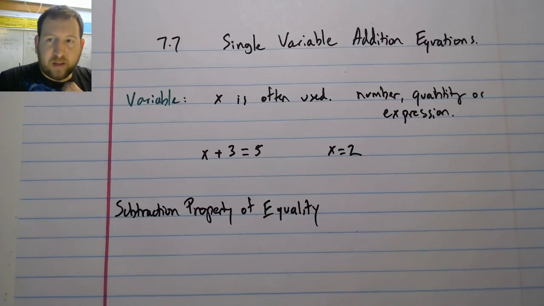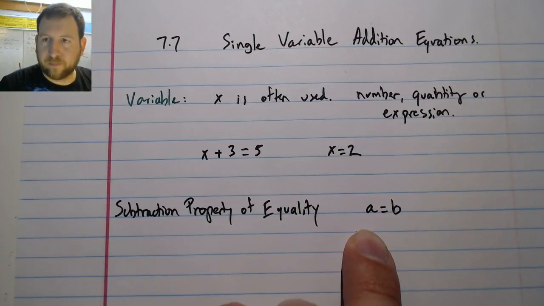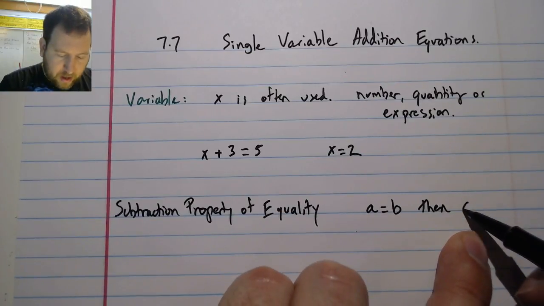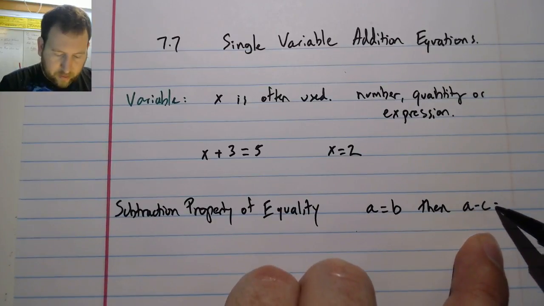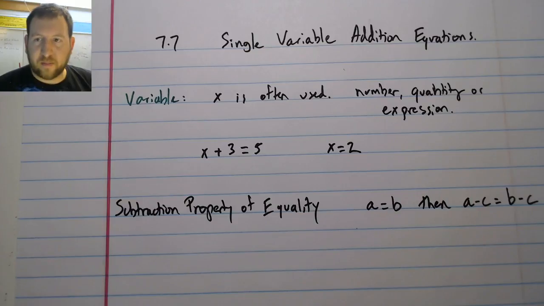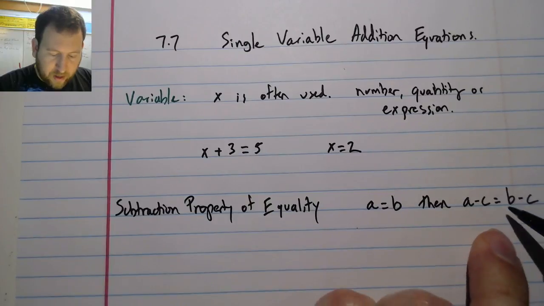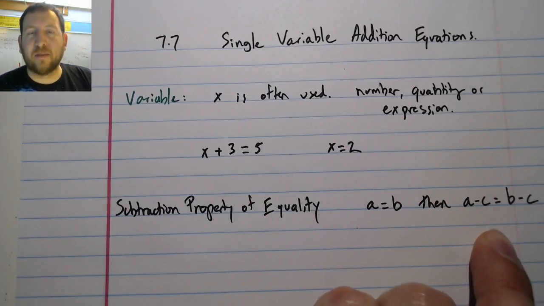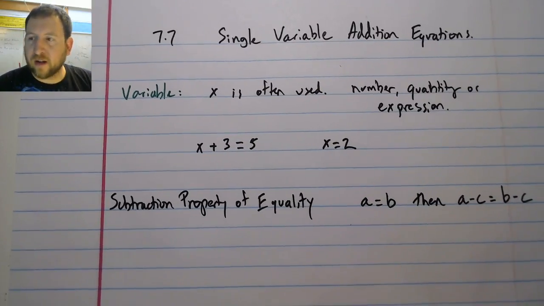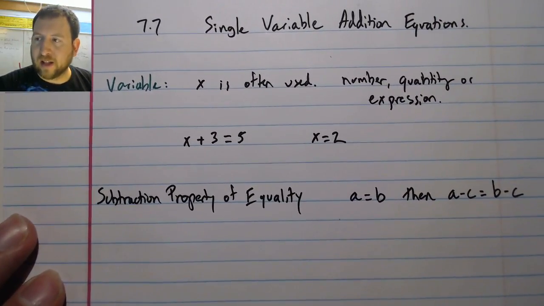And that simply means this: if A equals B, then A minus C equals B minus C. This means if I have A and B equal, I need to subtract the same thing from both sides of the equation. We've been talking about things like this for a while, so this should not come as a surprise. It's more likely that you just haven't seen it written quite like this before.